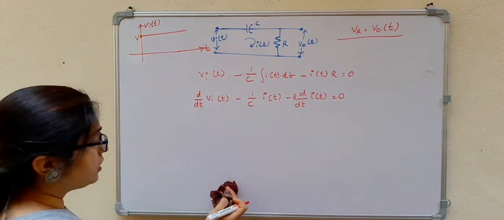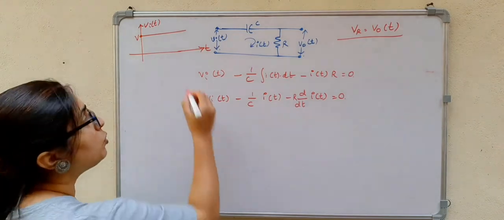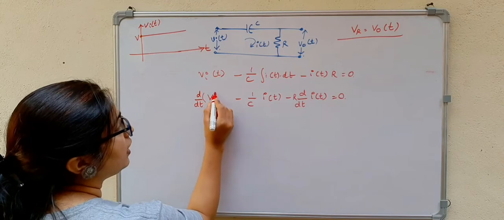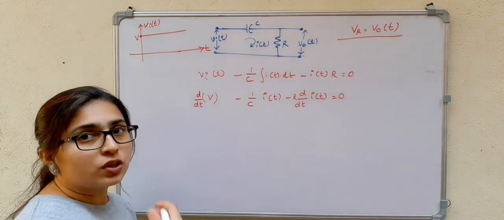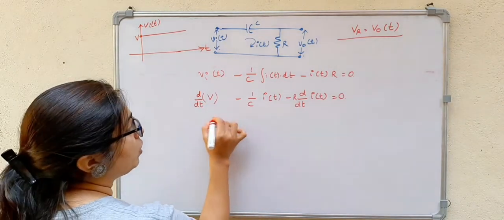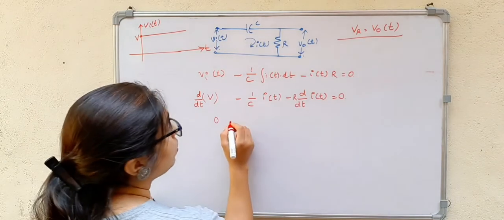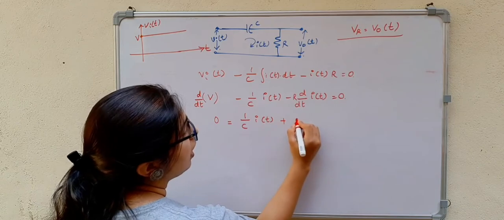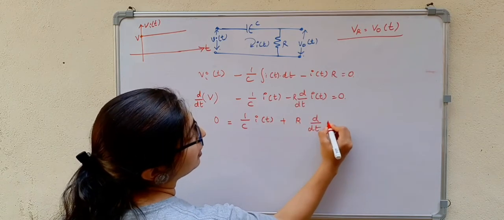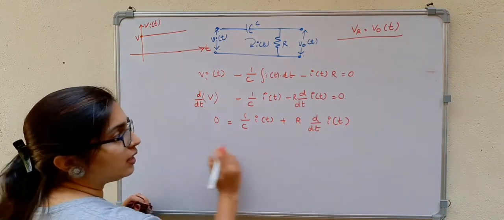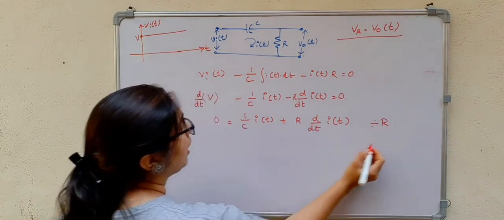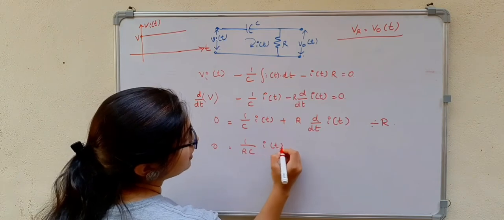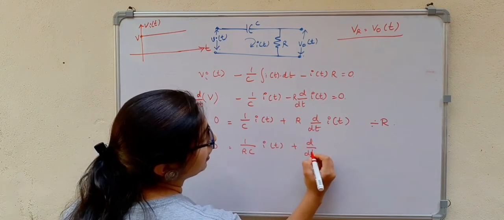You know this input is a constant V. So what is the value of V_i(t)? This is V, that is a constant, so the differentiation of the constant will be equal to 0. So 0 is equal to 1 by C i(t) plus R d by dt i(t). Now if I divide this by R, I will get 0 is equal to 1 by RC i(t) plus d by dt i(t).